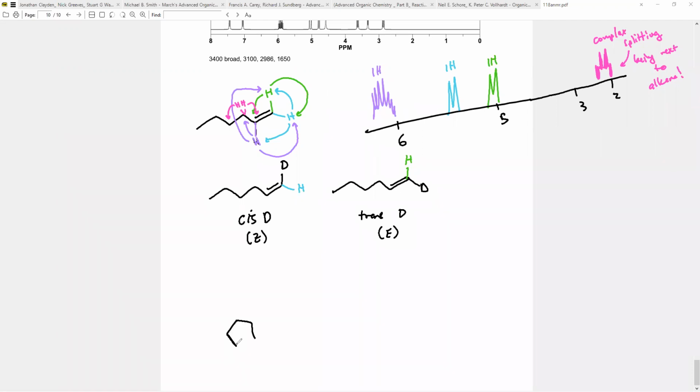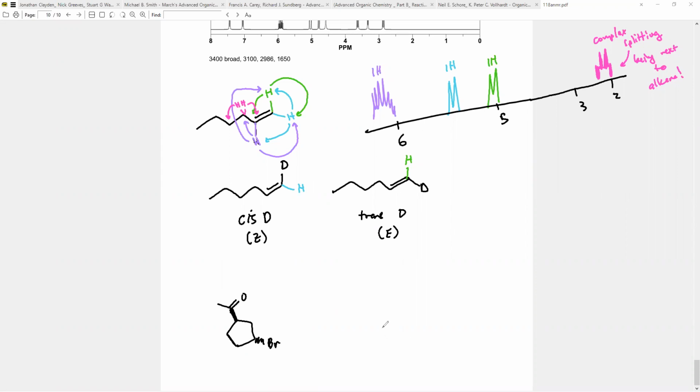So if I have a ring, and let's say that I have something like this here, and maybe something like this here, well, now a bunch of these CH2s are going to be diastereotopic, because their chemical environments are different.